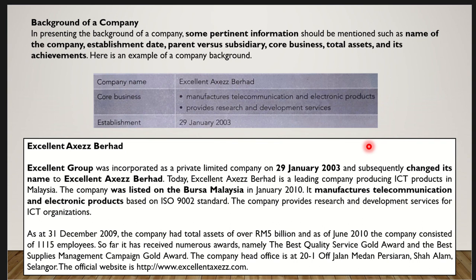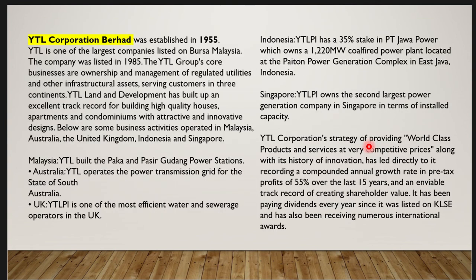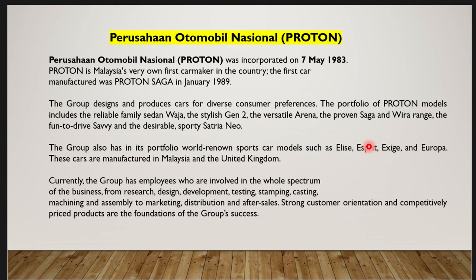Background of the company: what are the things that you would like to include in the background of the company? And then, I have included some information about public listed company. You just have to look further into private limited company. What does it mean by that? And a few examples of public listed companies, right?